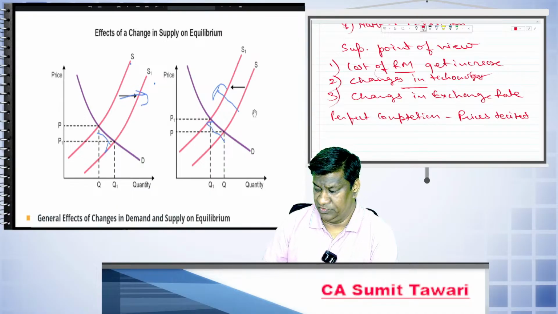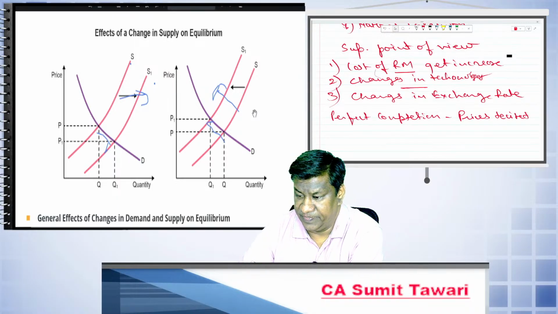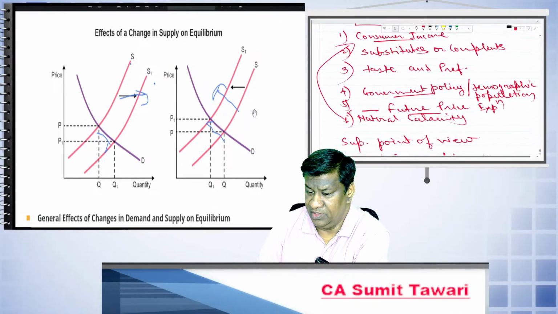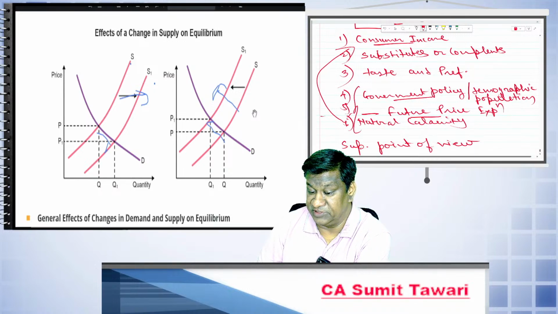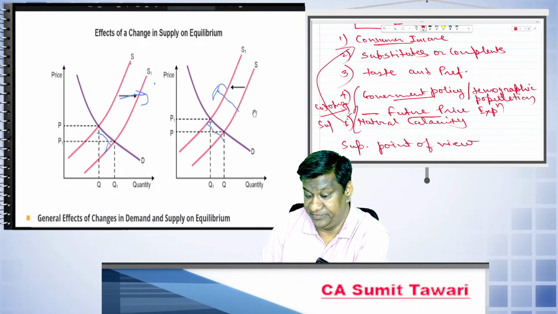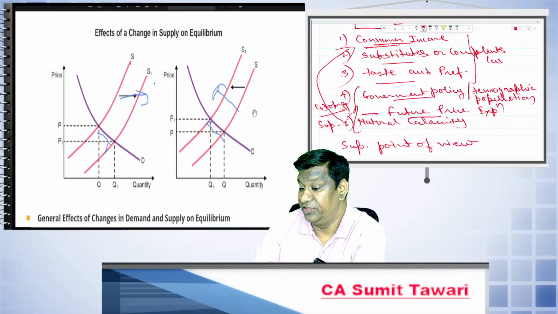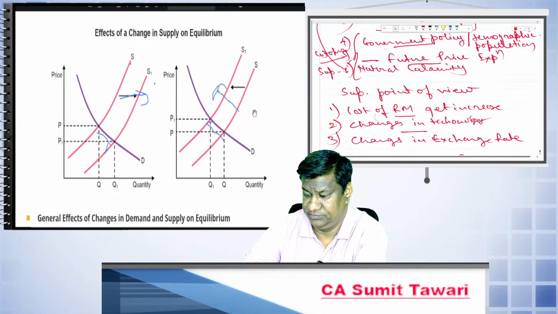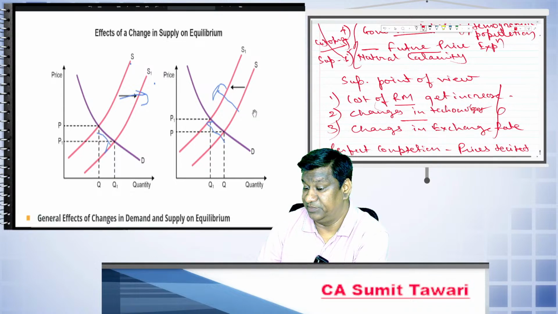Keep in mind, this 3 applies to both customer and supplier. But consumer income, substitutes and tastes and preferences are totally customer driven, and the below 3 are supplier driven.